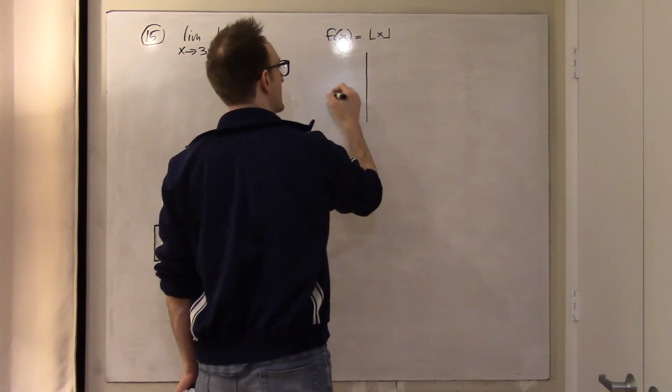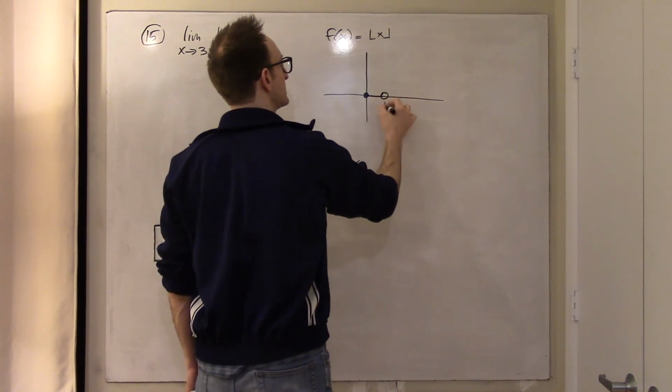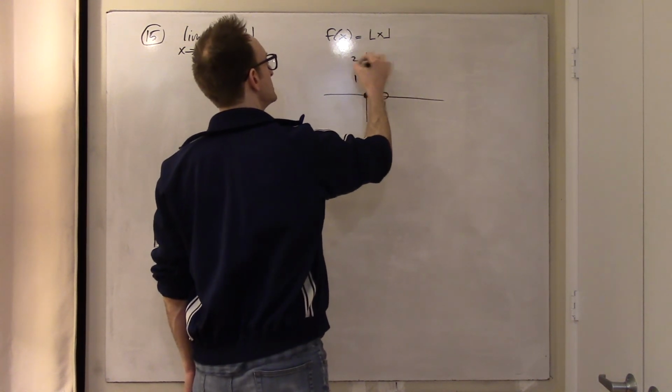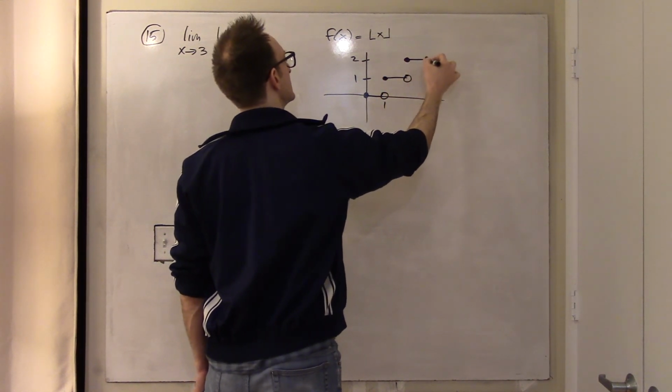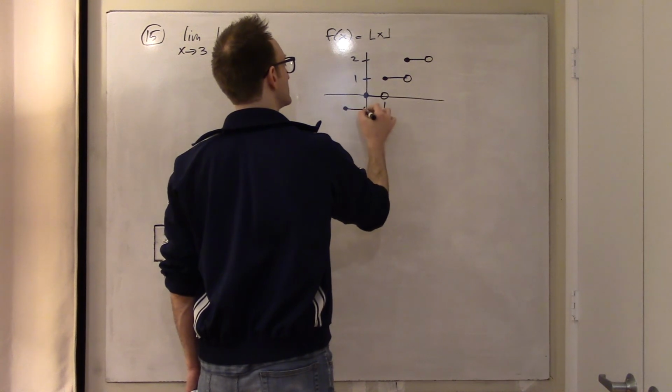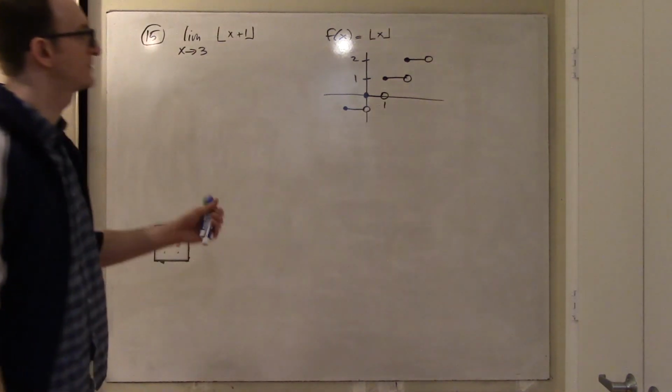So it's not truncated, it's floor. So what does it look like? It looks like that, 1, 2, etc. And then the negative side looks like this also. So it's not quite odd, but it's floor.